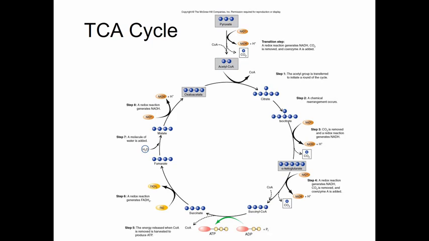We're going to make a little reducing power and we break off a carbon. Carbon always leaves in the form of CO2. We're going to do another rearrangement and make a little bit more reducing power, and we're also breaking off another carbon in the form of CO2. 2 carbons went in, 2 carbons have popped out.